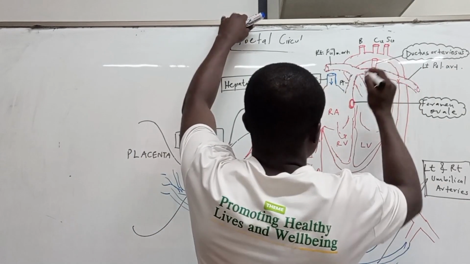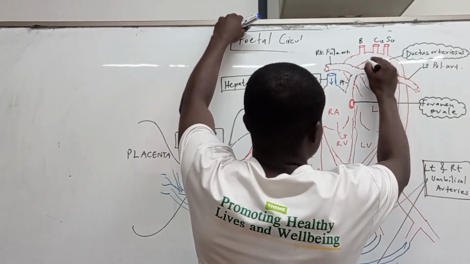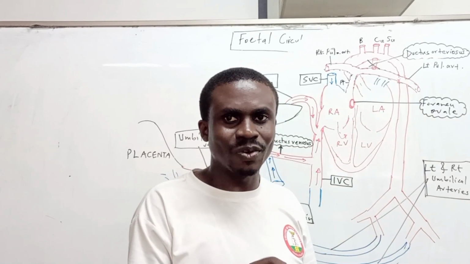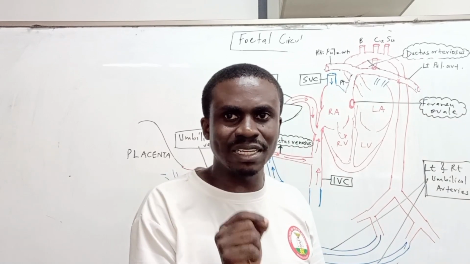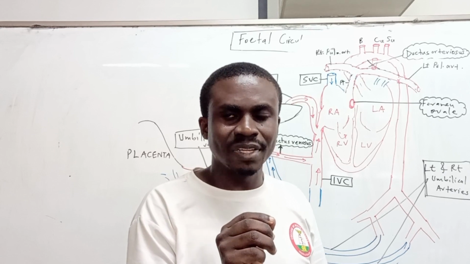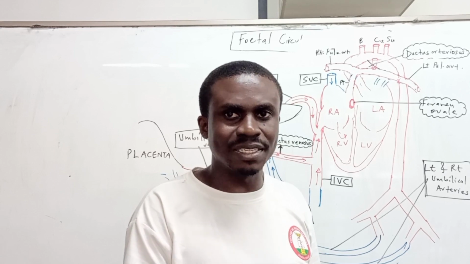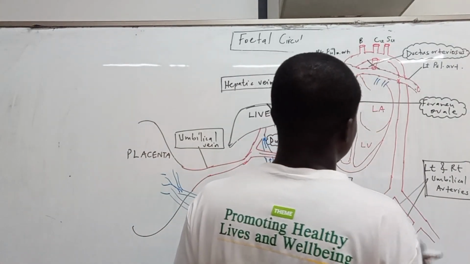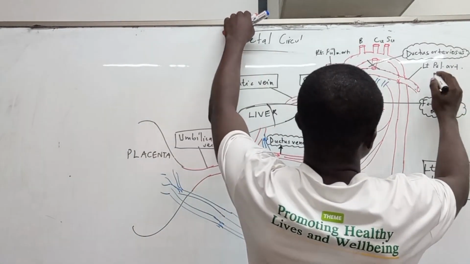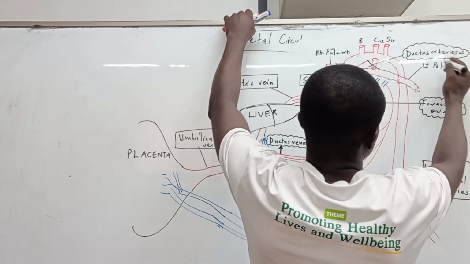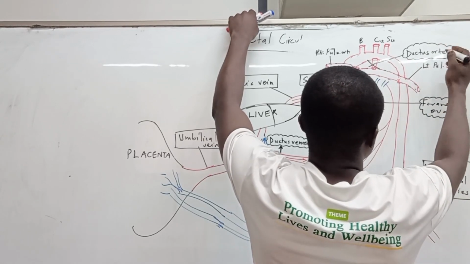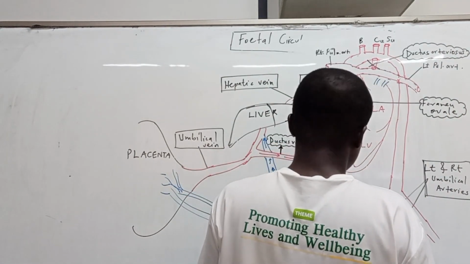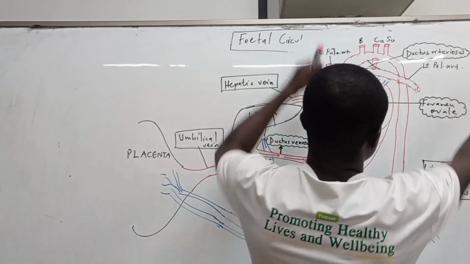So this guy will get obliterated, and I'm going to use this black thing to cancel it. It will get obliterated, and postnatal, we see it as the remnant. The remnant will be there, and that becomes a ligament. Let me use blue color to show it.